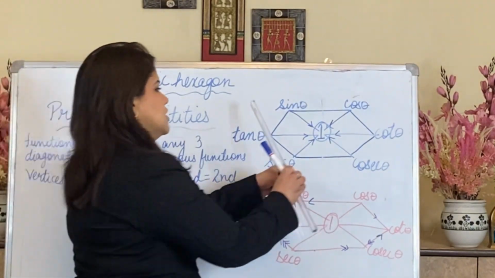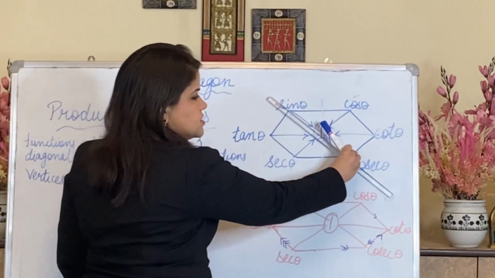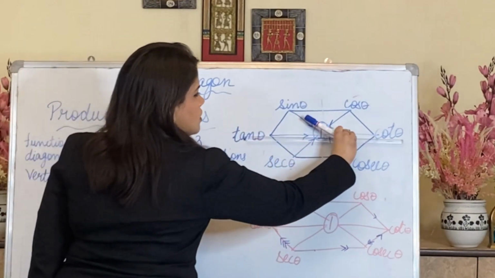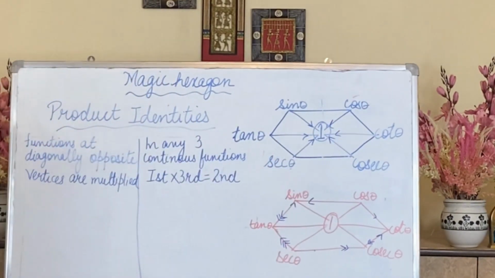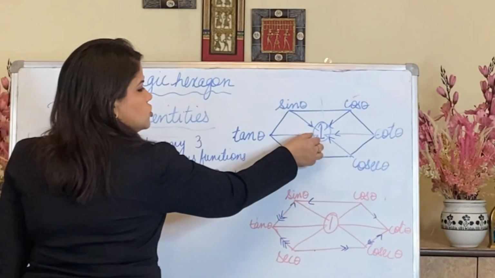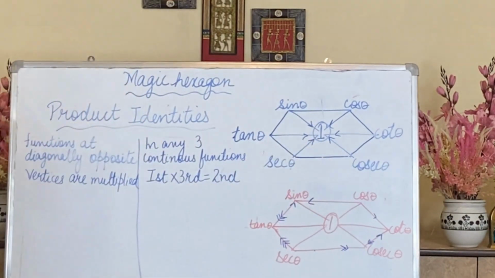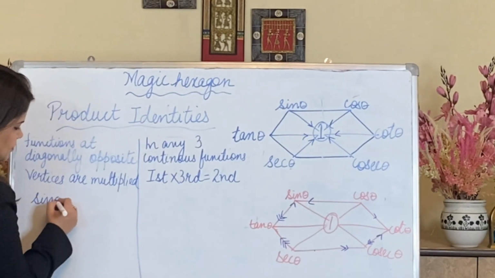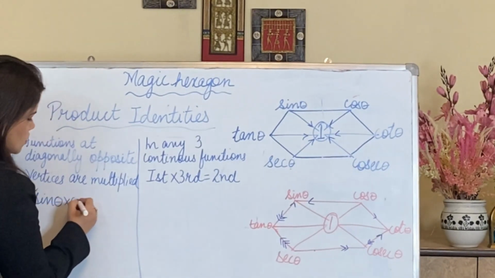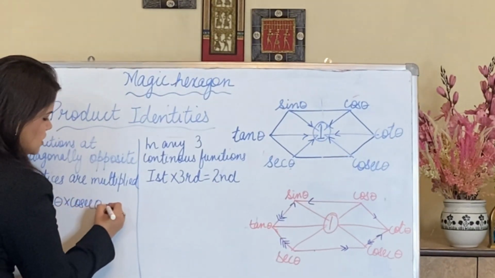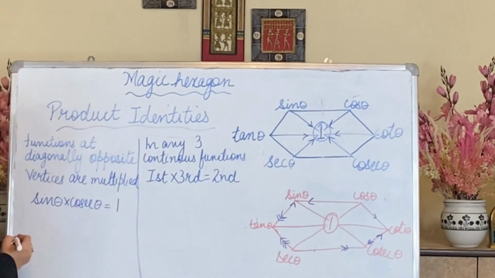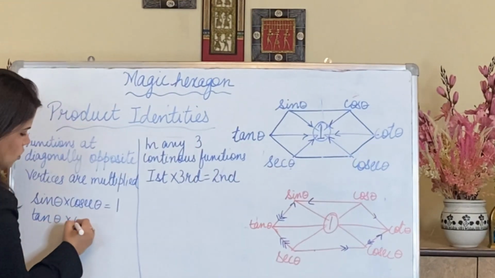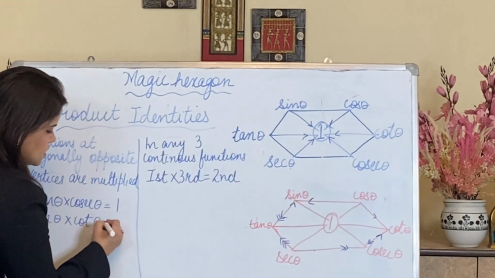How? These two are diagonally opposite. These two are diagonally opposite. These two are diagonally opposite. And they all are coming towards 1. So how will I write? I will write sine theta into cosecant theta is equal to 1. Tan theta into cot theta is equal to 1.